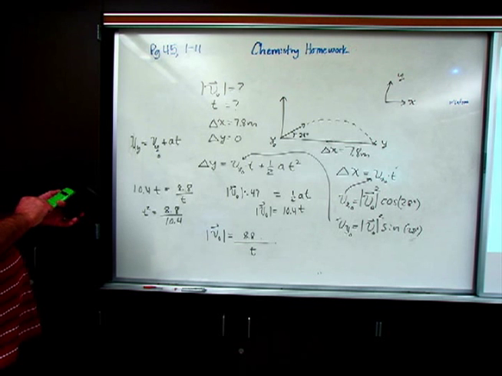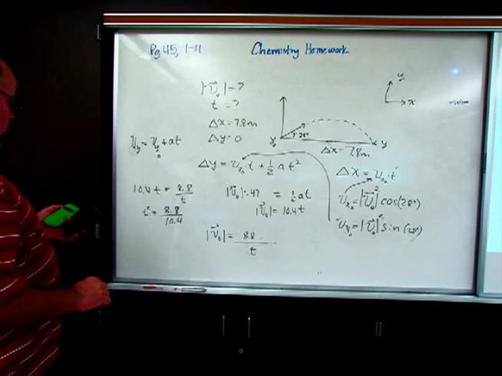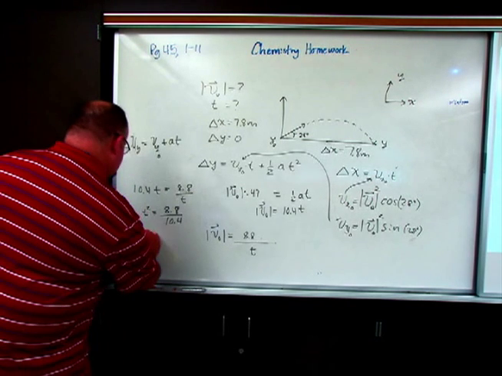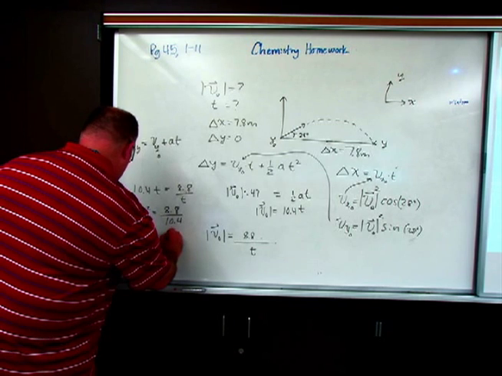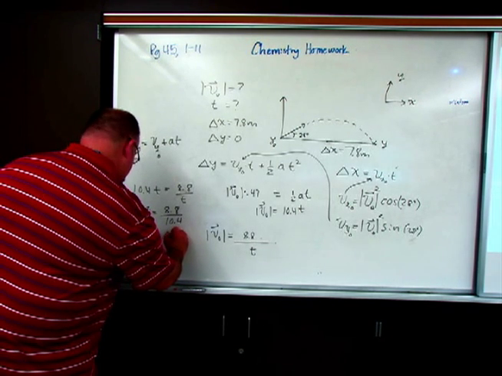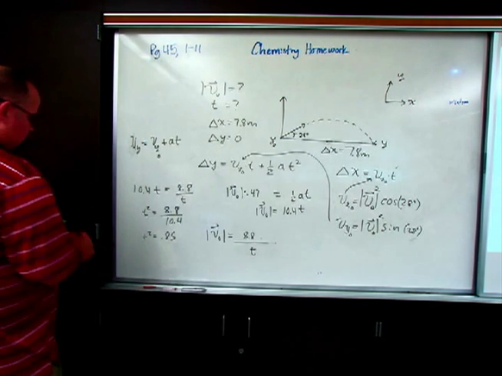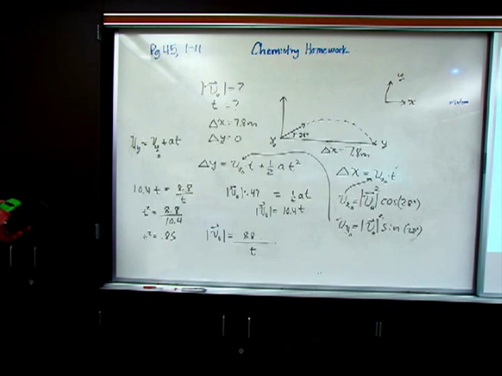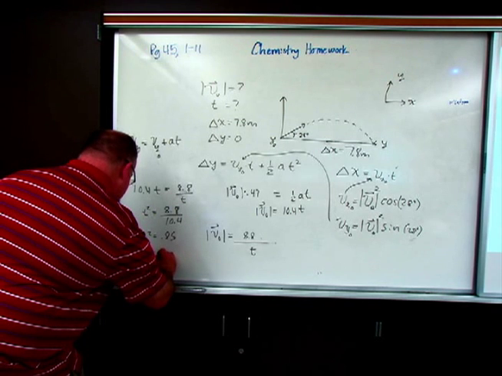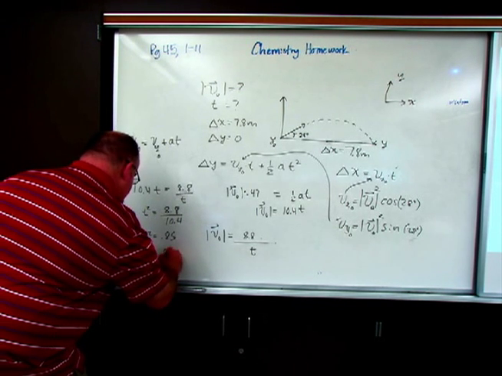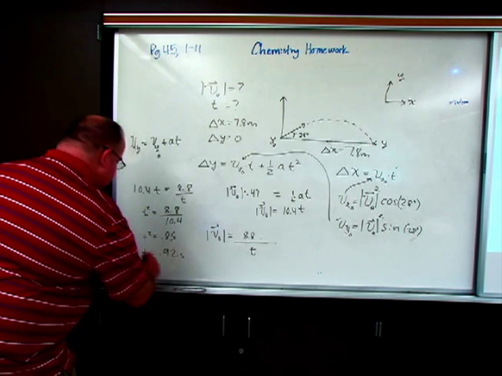8.8 divided by 10.4 equals t squared equals 0.85. Take the square root of that. I get time equals 0.92 seconds.